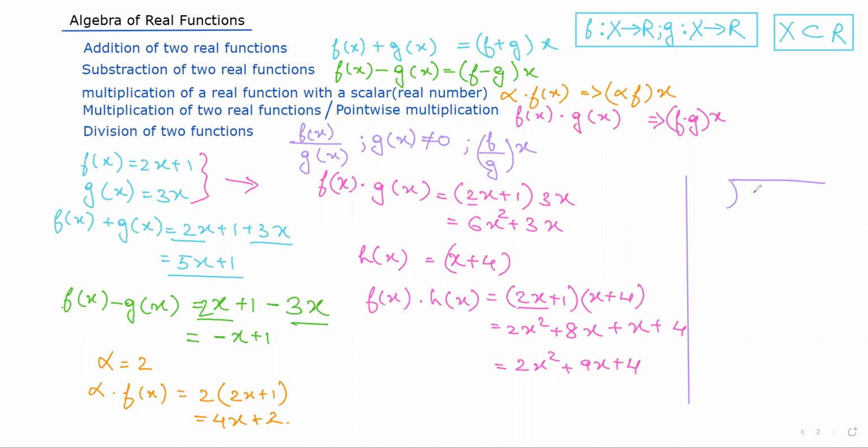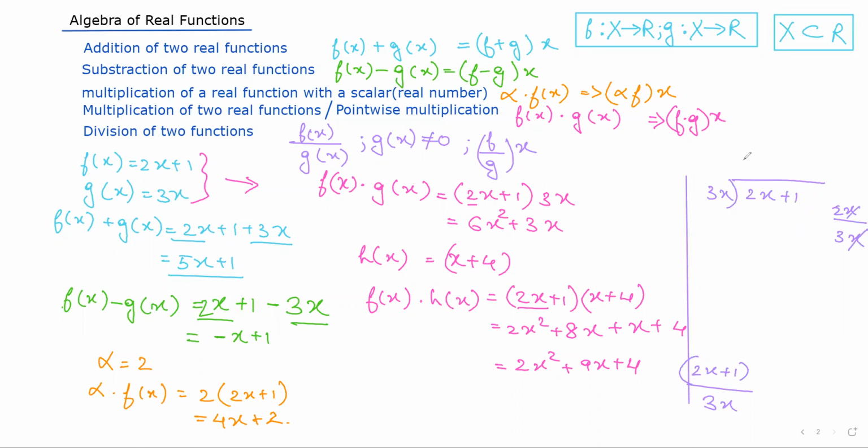So f of x will be written inside, 2x plus 1. This is 3x. You're dividing 2x plus 1 with g of x, 3x. The method says take the first term, 2x, divided by the first term, which is 3x.